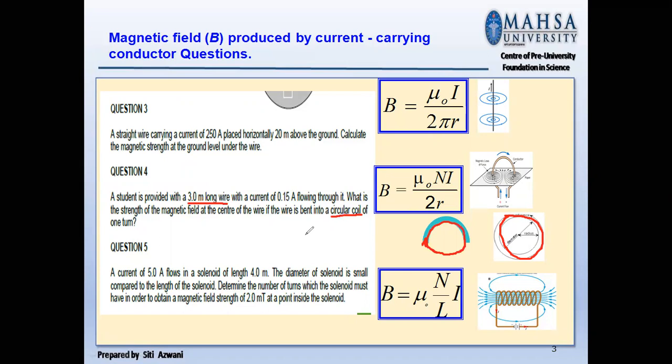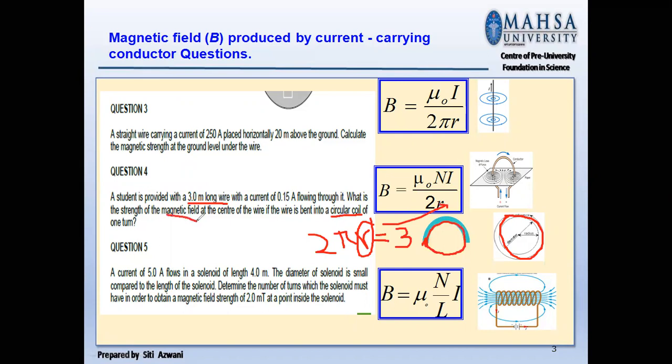You have the circumference of your circle, formula is 2 pi R, equal to 3 meter. So from this equation, solve for the R, then substitute the value of R into your formula. Then you can calculate the value of your magnetic field B.